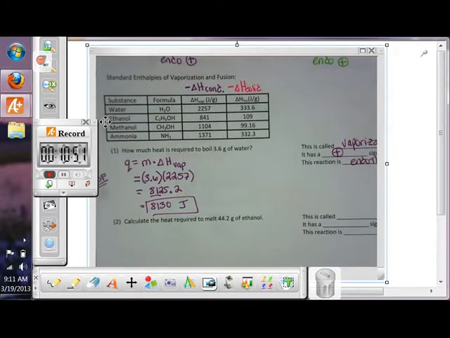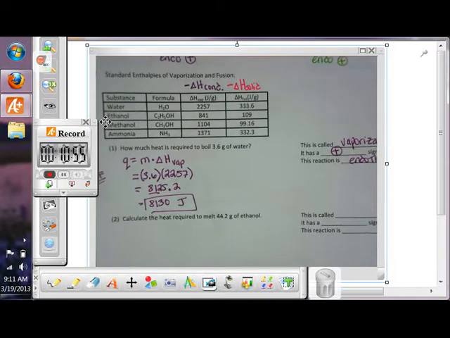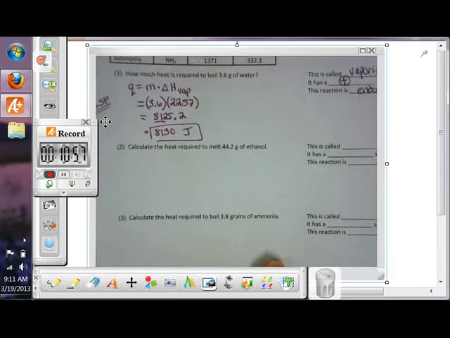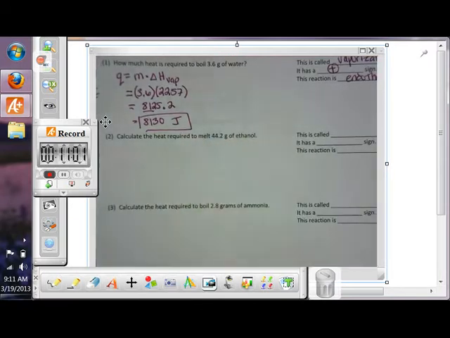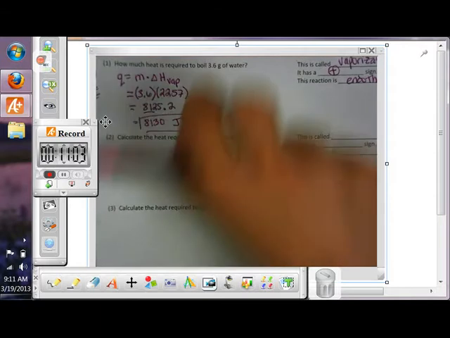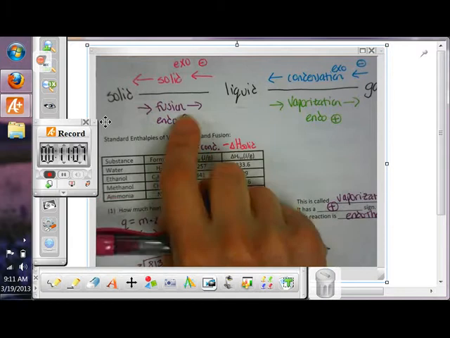Let's actually do number 2. So calculate the heat required to melt this many grams of ethanol. So if we are melting, it means we are going from a solid to a liquid. That is called fusion. So this is called fusion.